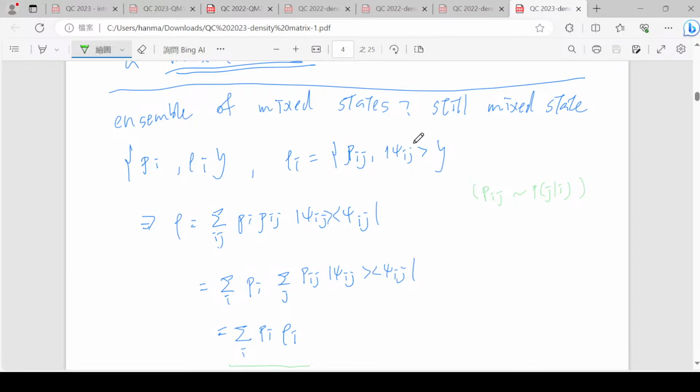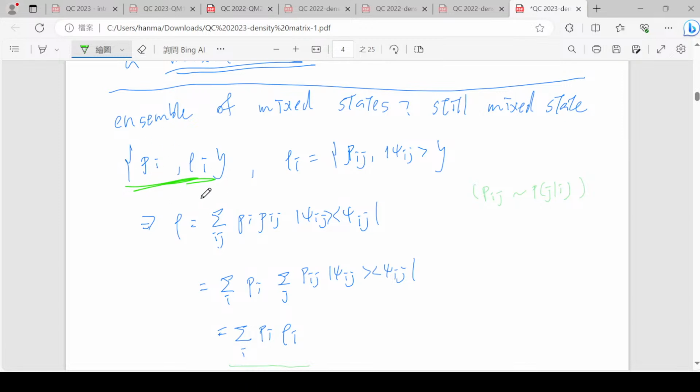It's just a projector onto all those psi_ij probability mixture. But there is actually an easy way to calculate this. As we said, this rho_i should describe everything in this ensemble, so we should not need to go into these p_ij, psi_ij.